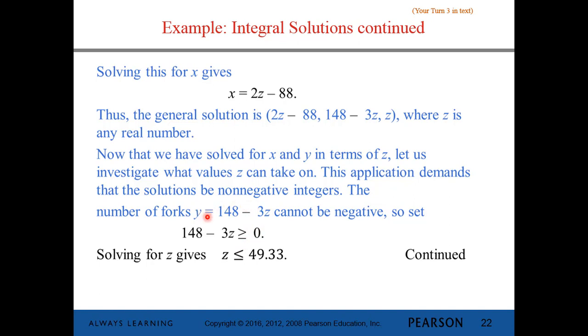So we set this equal to 0 and solve for z. Solving this means that z has to be less than or equal to 49.33, which means the most spoons you can have is 49 spoons.